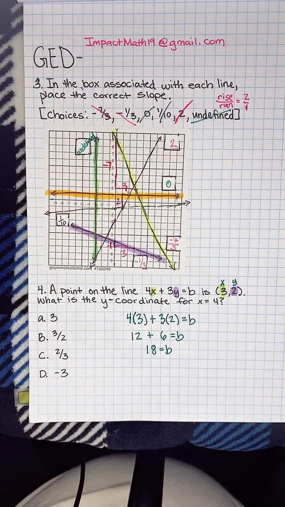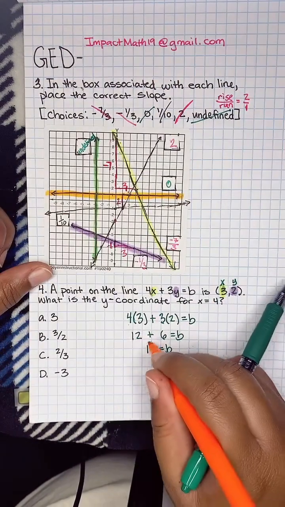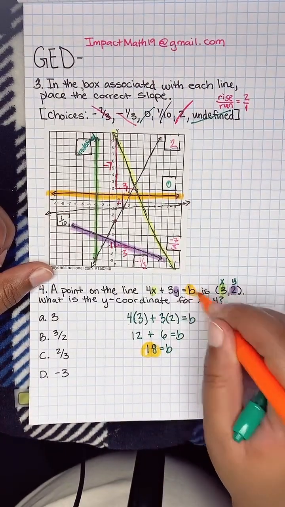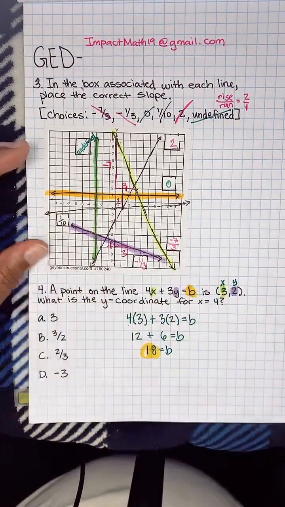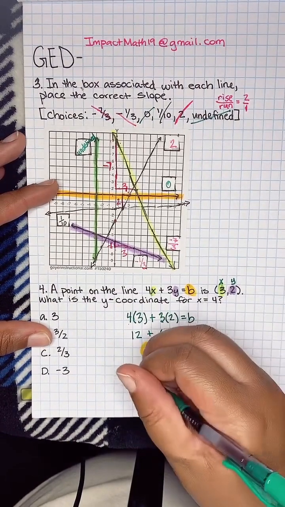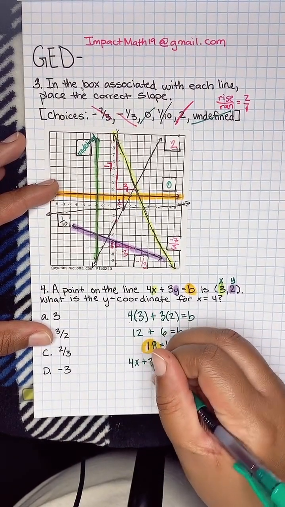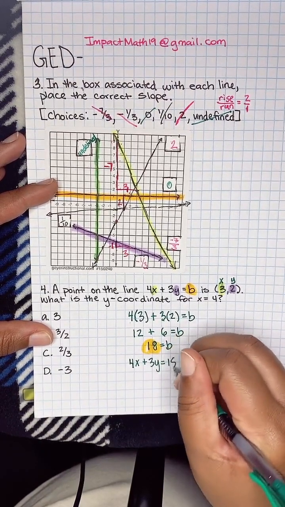So now that we know what b is, we can plug this in to here. And now they gave us our new x that we need to plug in. So we're going to do, keep it down here, 4x plus 3y equals 18.